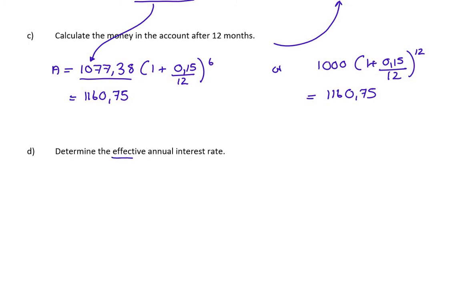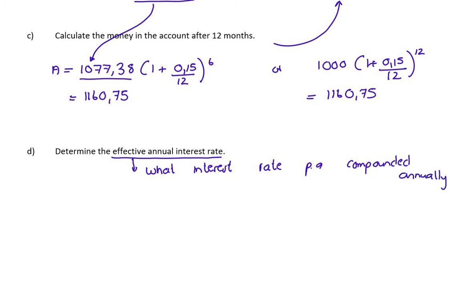So what do they mean when they say determine the effective annual interest rate? They mean what interest rate would give you the same outcome. So what interest rate per annum compounded annually will give you the same outcome? That makes it effective because they match.